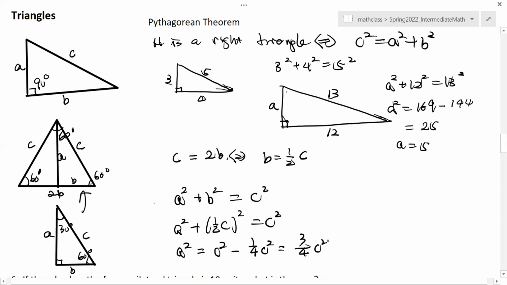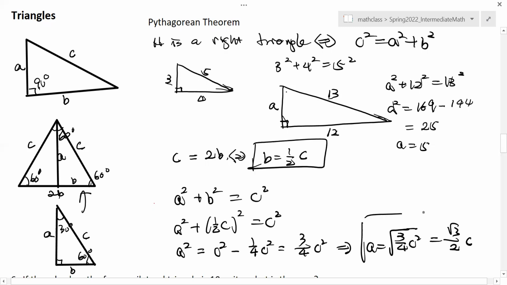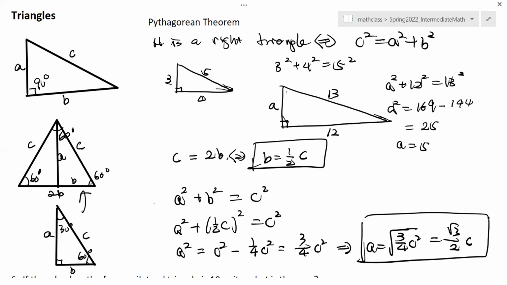And from here, you get a equals the square root of 3/4 times c squared. After simplifying, you get a equals square root of 3 over 2 times c. So that's another relationship. We have two relationships here, for a and b, for the 30 degree, 60 degree triangle. That's the application of the Pythagorean theorem.